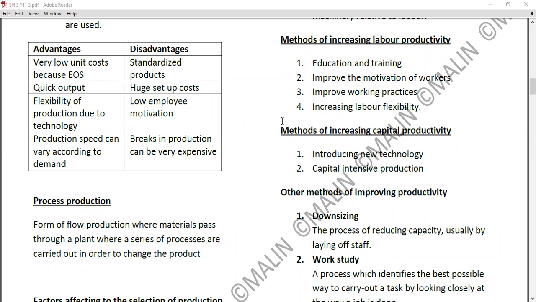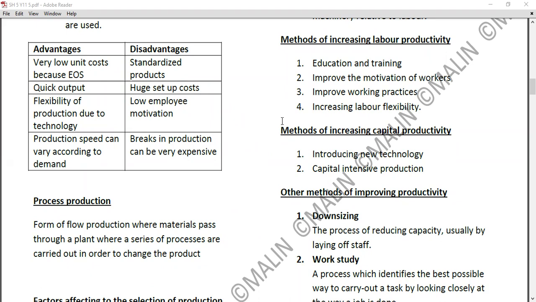You can see more flexibility in the organization. Working practices are really important. According to Herzberg's theory, working conditions are also a hygiene factor, so having good working conditions and working practices is really important.